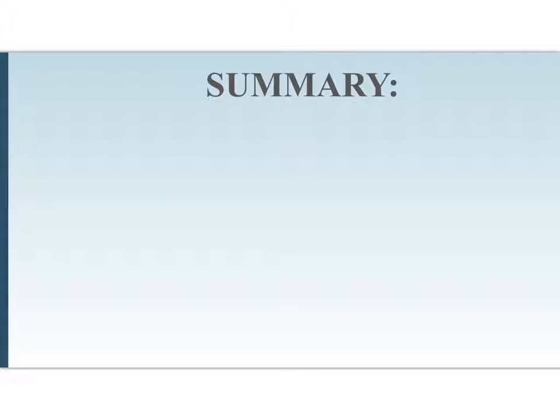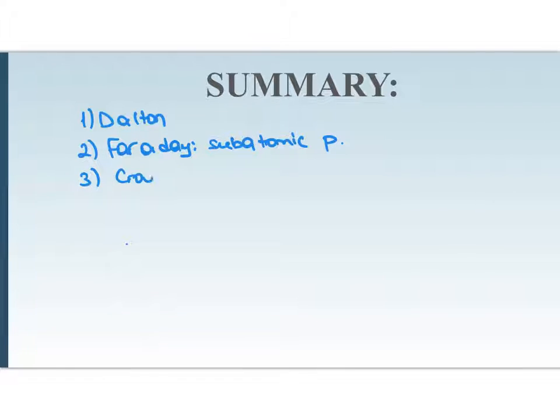Okay, finally, let's summarize what we have said. The first atomic model belongs to Dalton. Secondly comes Faraday, who gives us an explanation about the existence of subatomic particles. Then comes William Crookes. He has proof of the existence of the electron.